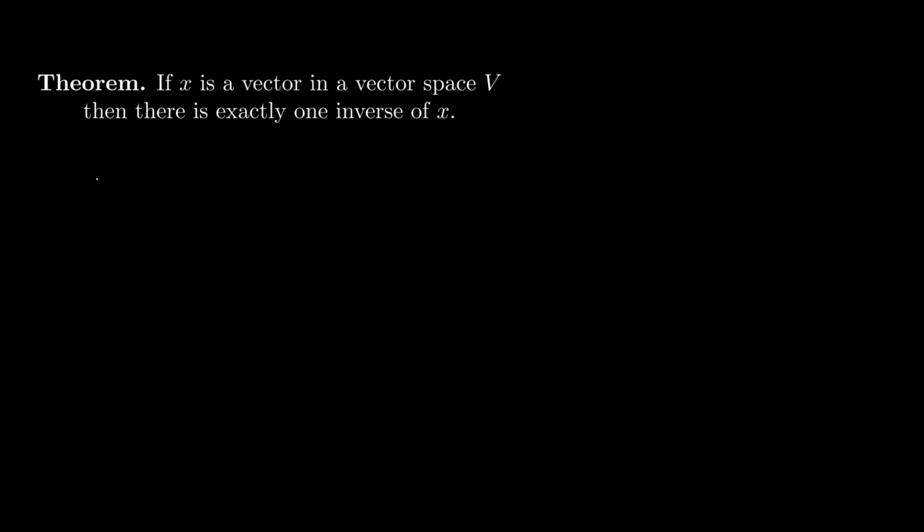So let's give this theorem here a very short proof. Again, we want to say something about all vector spaces. So let V be any vector space, and let x be any vector.